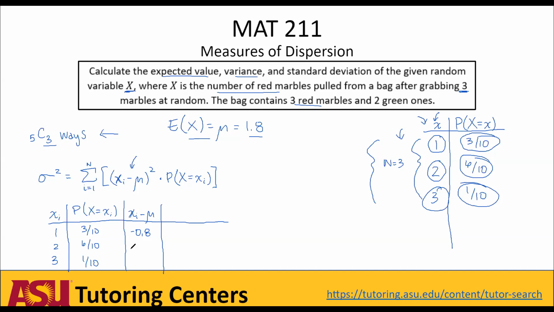For our next value, we have 2 minus 1.8, which is 0.2. And lastly, we have 3 minus 1.8, which is 1.2.